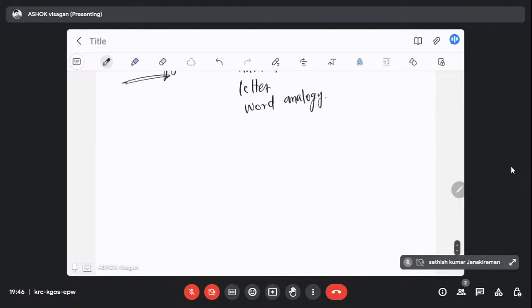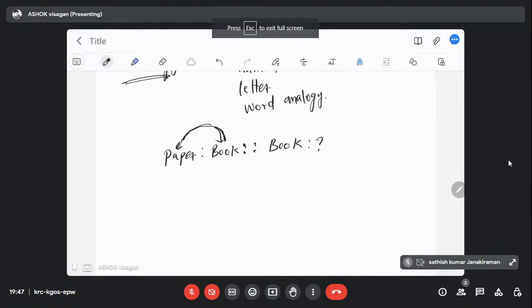For example, word analogy: paper is to book. What is the relationship between paper and book? Paper is a part of a book. A book is a combination of papers.